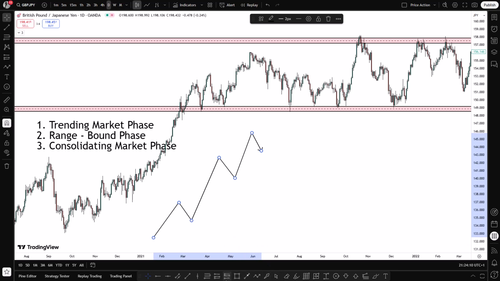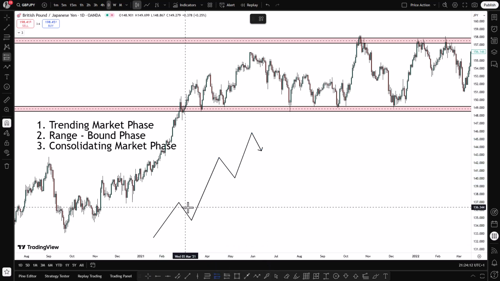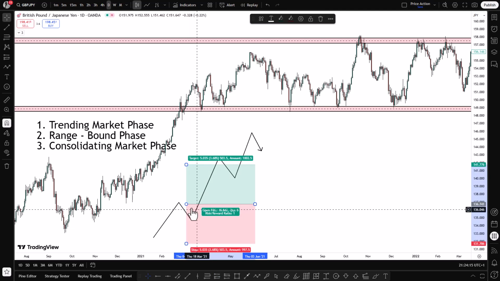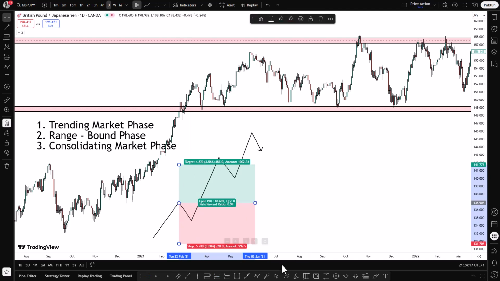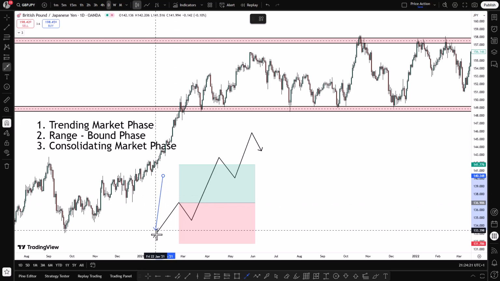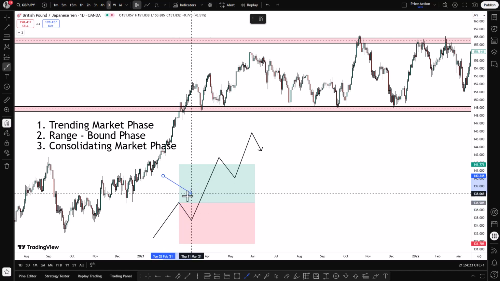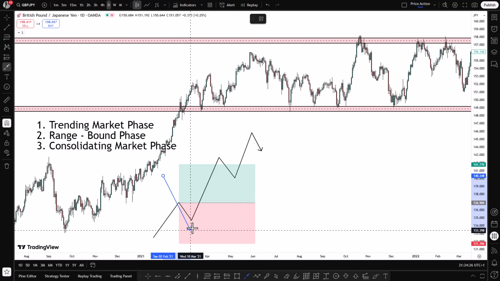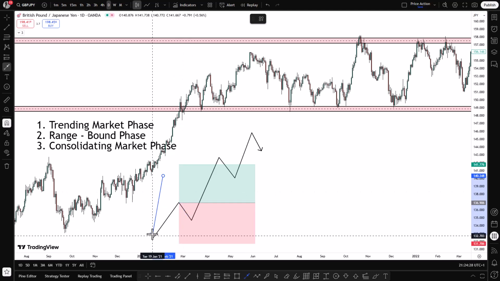One of the ways traders take advantage of this type of market situation is to trade breakouts. For example, when price was making this market structure of an uptrending market, it was making higher highs and higher lows. Let's assume this was a high and this was our origin low.